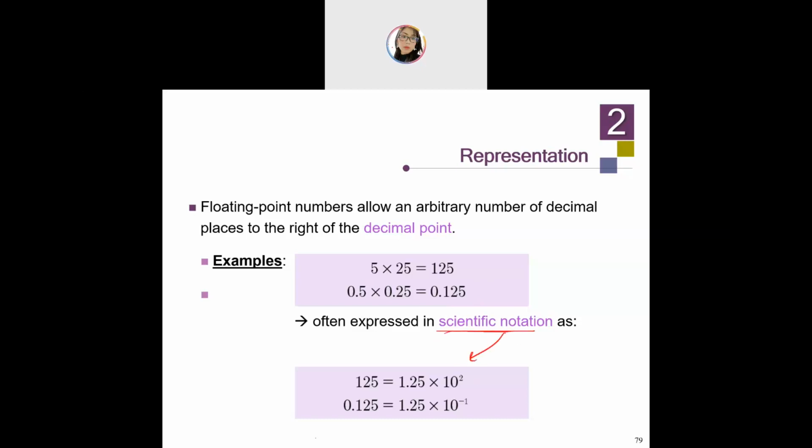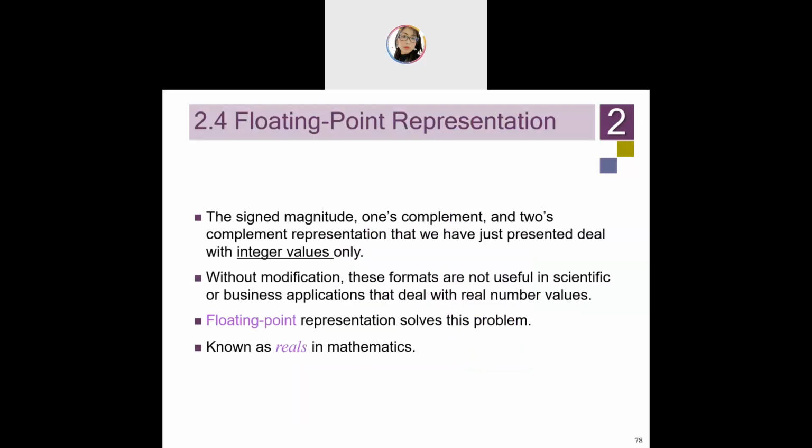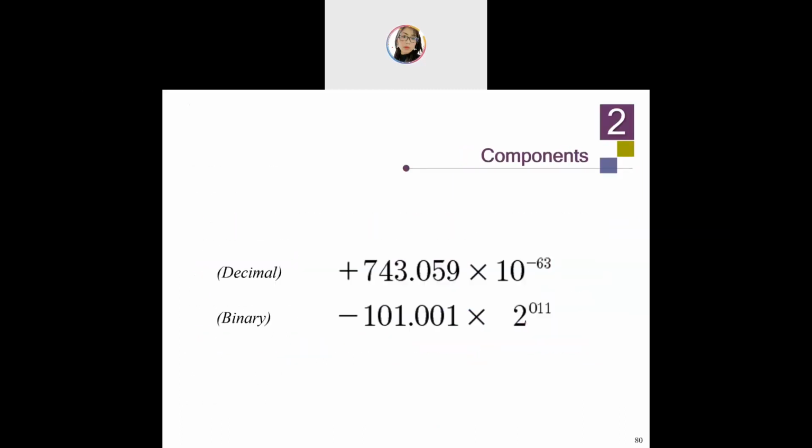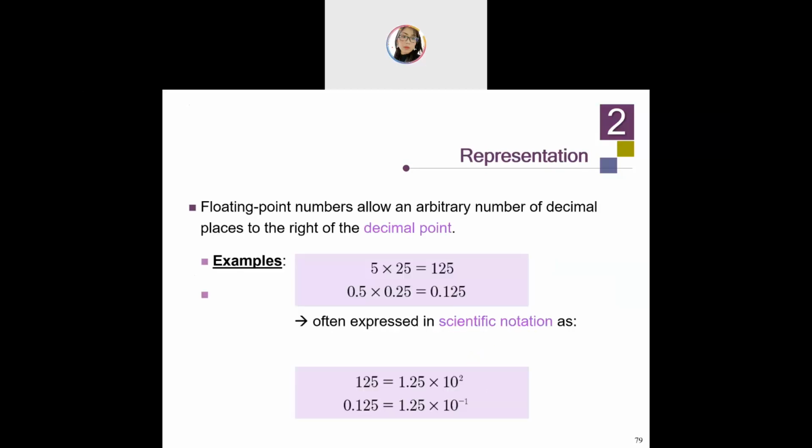This is what later on you are going to see in terms of normalized or unnormalized. Here you are going to see the components. This is just a representation. You can represent it like this or like this. It just shows you the possibility of having floating point numbers in terms of the normal numbering that you are using and in terms of scientific notation.